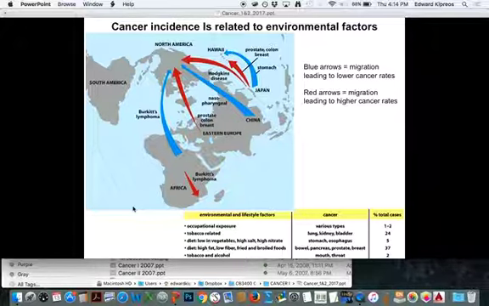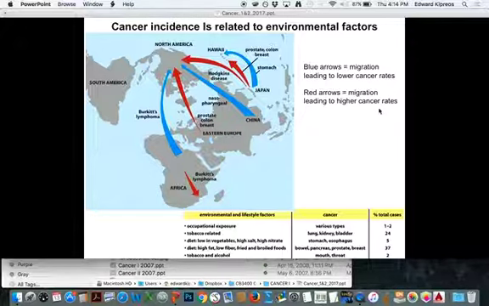Here we're looking at whether a cancer goes up or down in frequency. The blue arrows are lower cancer rates, and the red arrows are higher cancer rates.